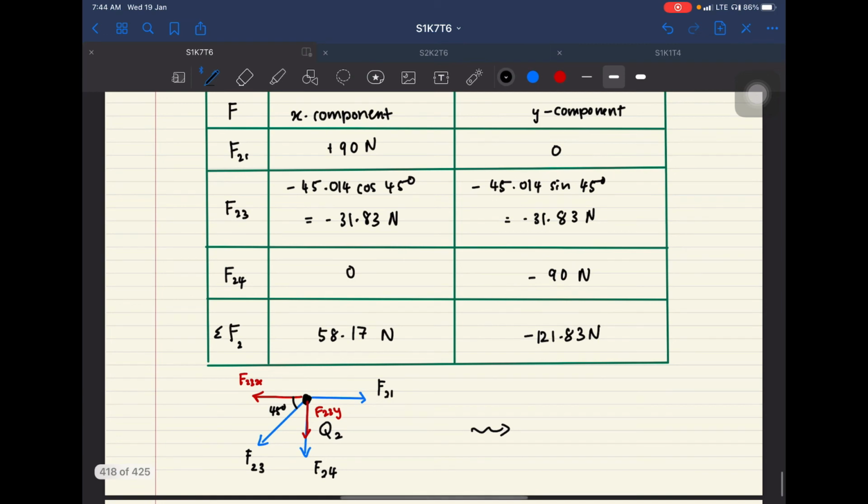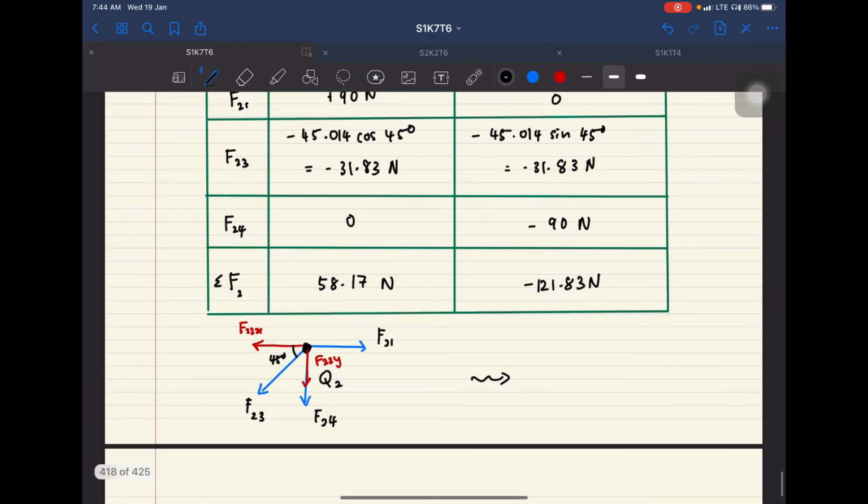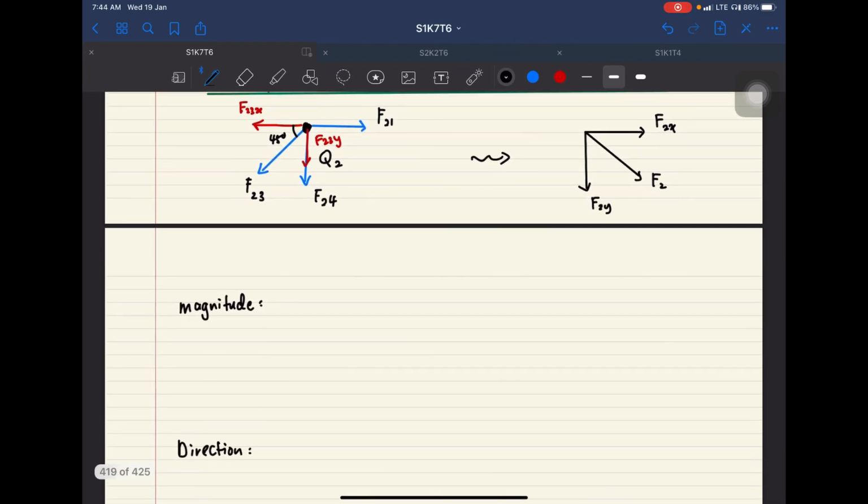Okay, so you have x component positive, it means it is to the right. So I can redraw, and then y downwards. So this would be your resultant vector, F2x and F2y. So F2 is actually in this direction. If I want to calculate F2, that one is a triangle, you can use Pythagoras.